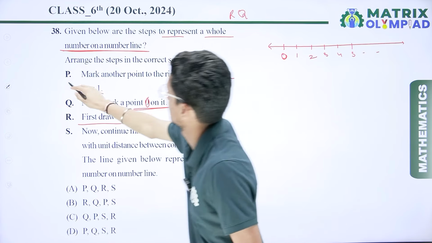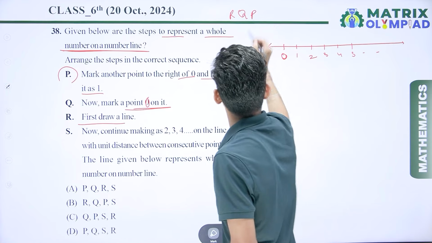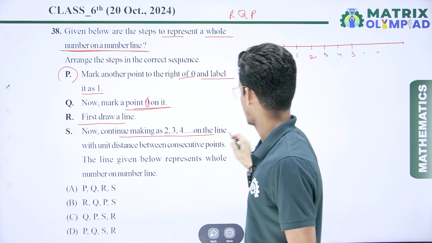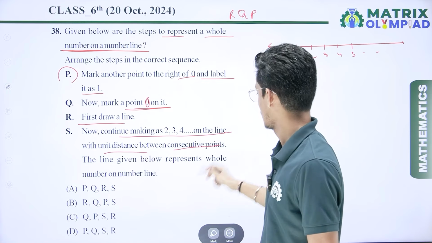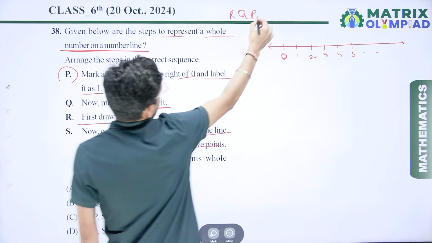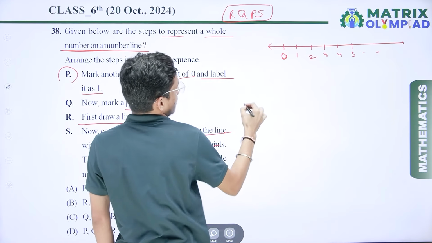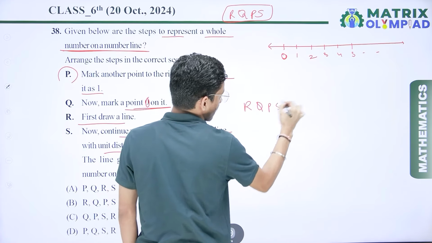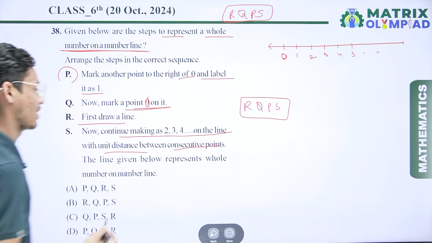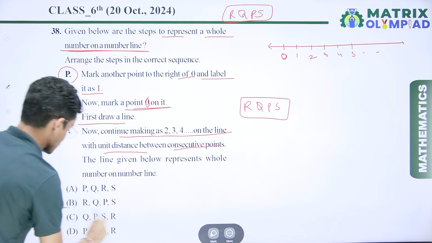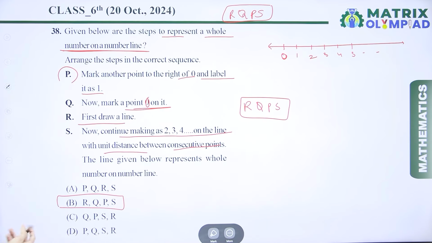So I can say then we get P, and the last one: continue marking 2, 3, 4 on the line with unit distance between consecutive points. So the last one is S. So we have option R, Q, P, S in correct sequential order. So option number B is the correct answer.